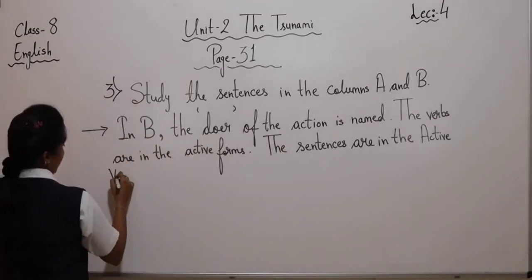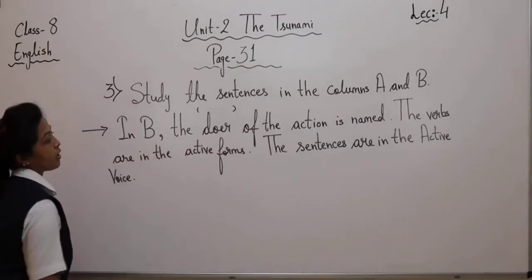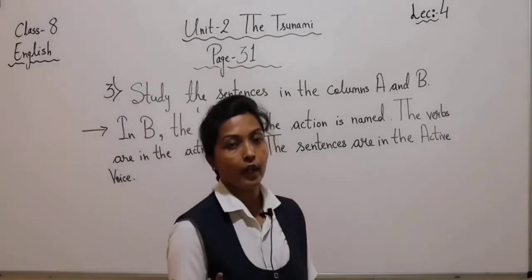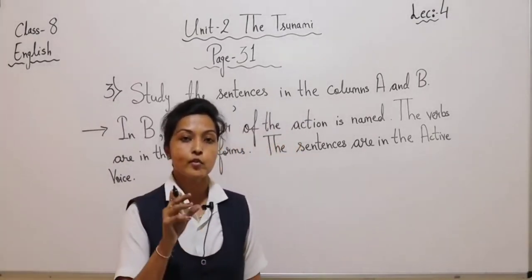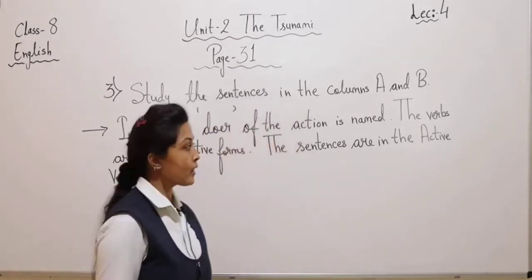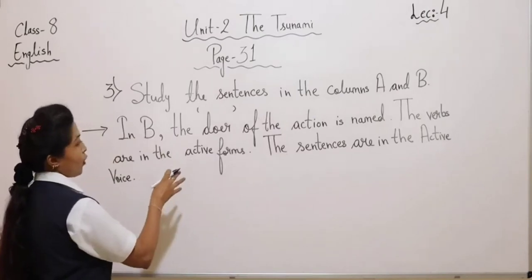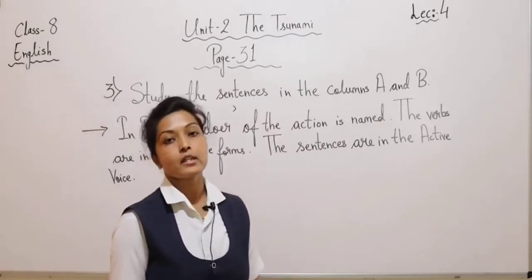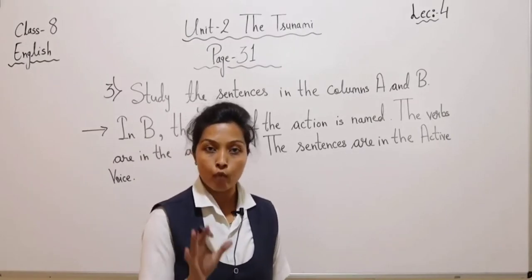So in active voice, the doer of the action is named, or I can say the focus is on the doer of the action. That shows active form, and such sentences are in the active voice.